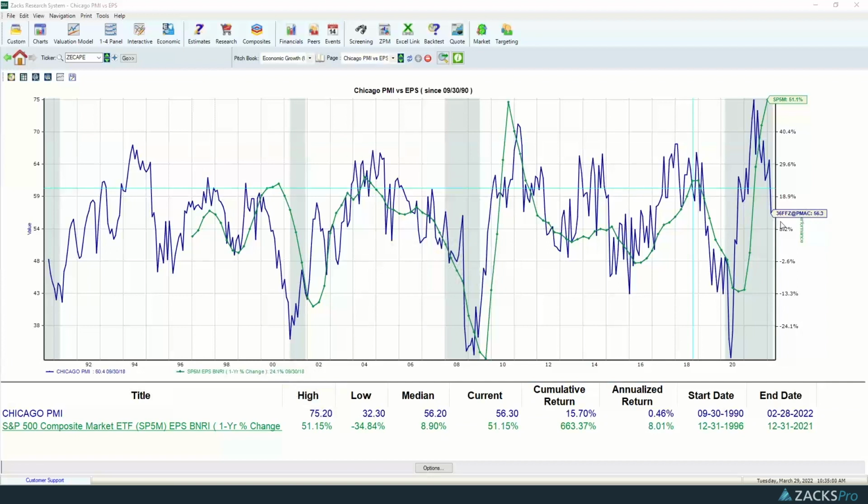So I would just keep an eye on the Chicago PMI here as well. Hopefully it does not fall below 50. But I would expect the S&P earnings growth year over year to come back a little bit here as the Chicago PMI eases up. But as long as this remains above 50, again, these are overall very positive numbers.